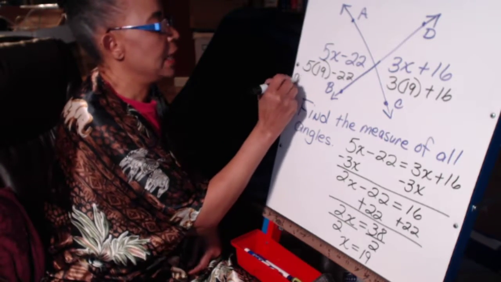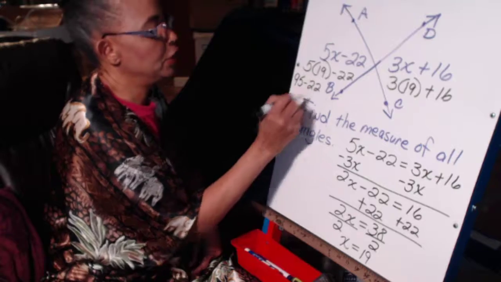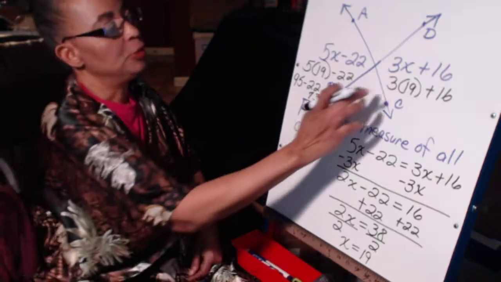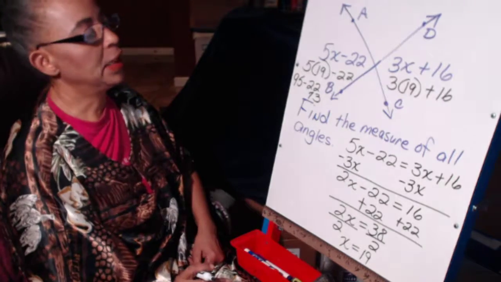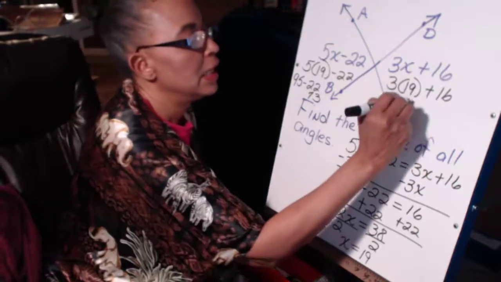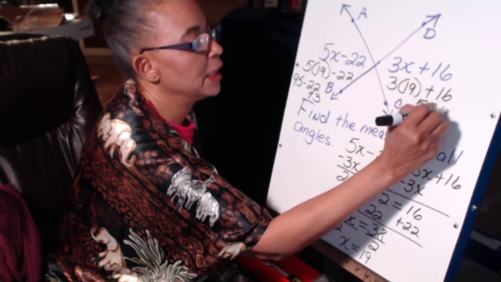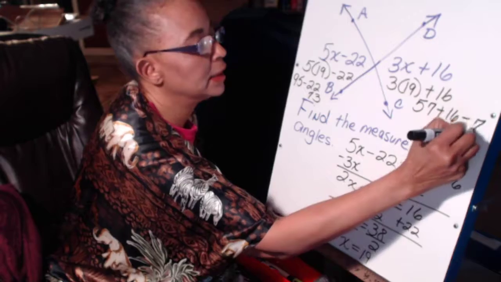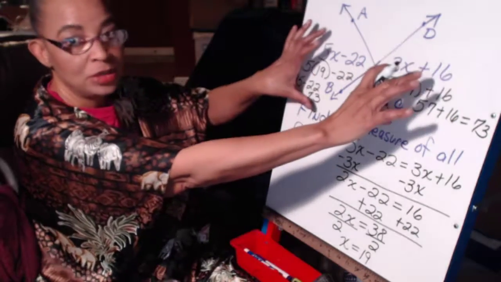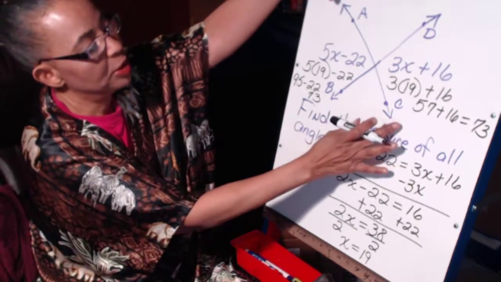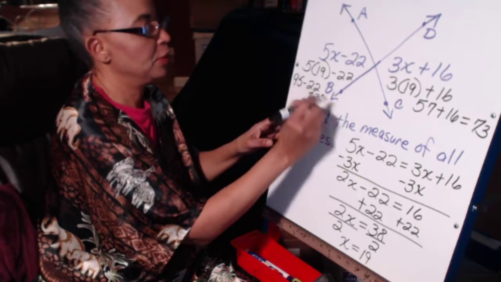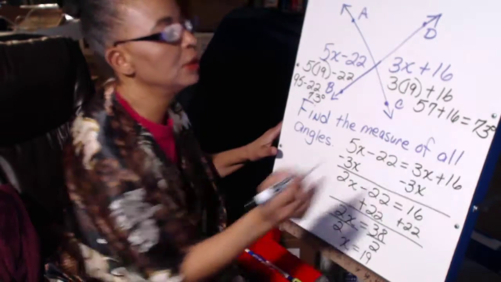So that's 95 minus 22, which is 73. Then we have 3 times 19, and 3 times 19 is 57. So 57 plus 16 is 73. So we know what these two sides are, but remember, we need to know the measure of all. So we have 73 degrees and 73 degrees.